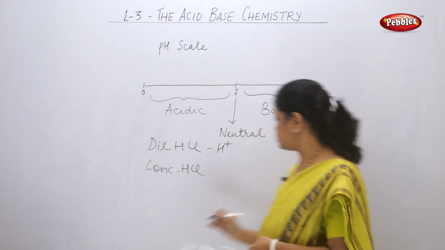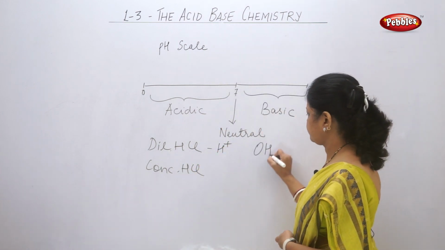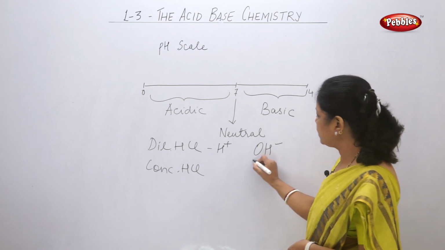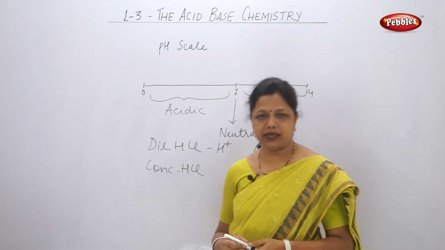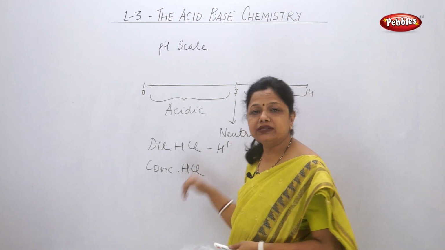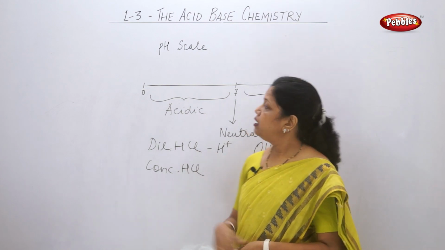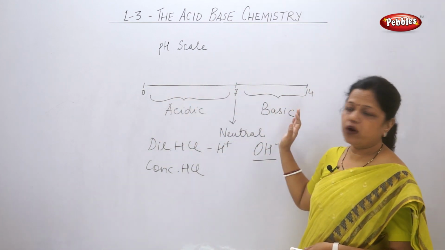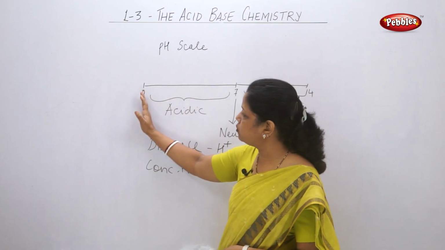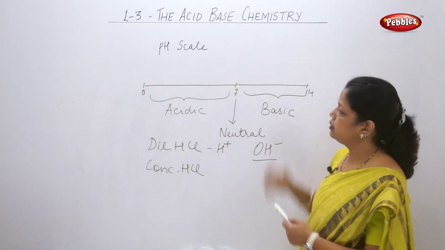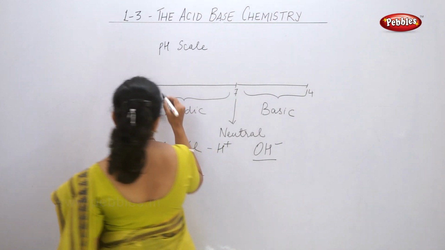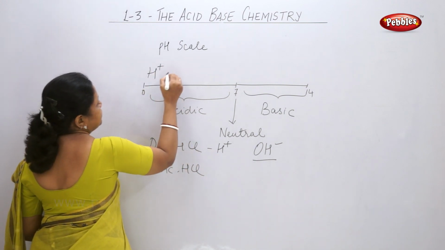Hydroxyl ion concentration means OH ions. Now these OH ions will be present in a base and H ions will be present in an acid. In this pH scale, if I start from 0 and go towards 14, the H ion concentration decreases.